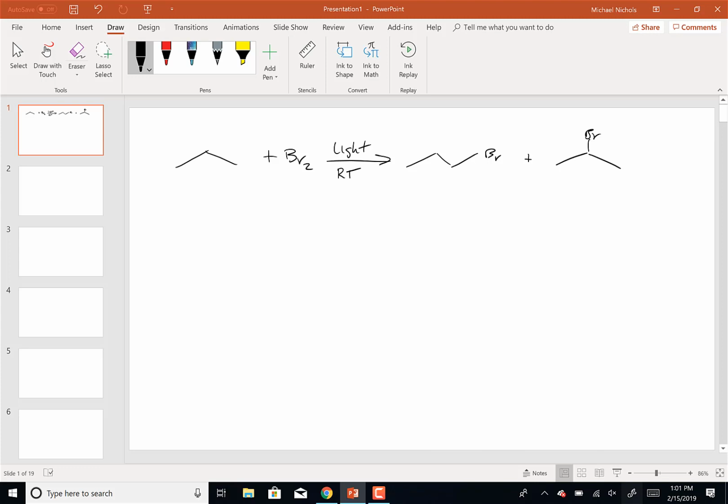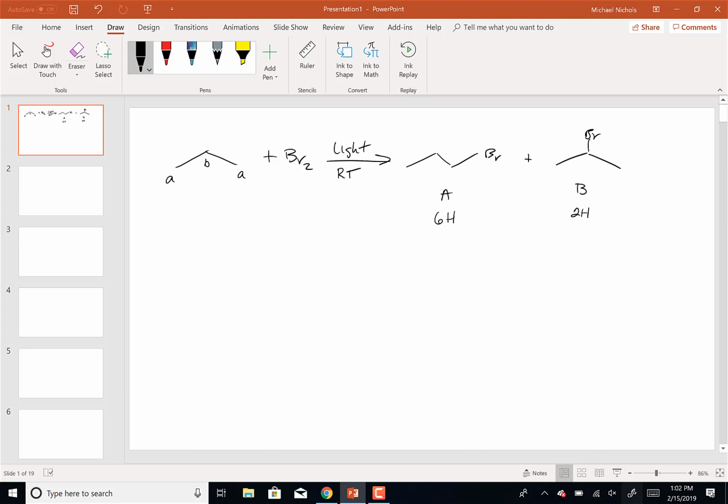We reacted propane. And we said that there were two distinct products, product A and B. Product A comes from any of the CH3s being substituted, so there were 6 hydrogens that would give us product A, and then B being the CH2, 2 hydrogens if replaced with a bromine would give us product B.